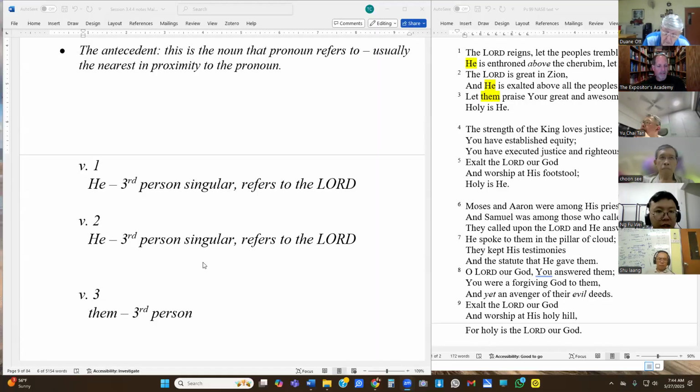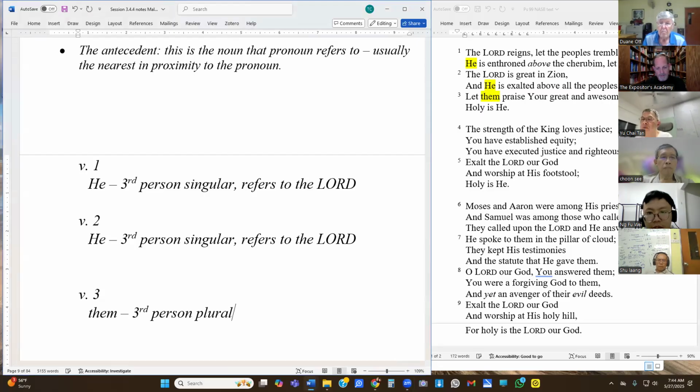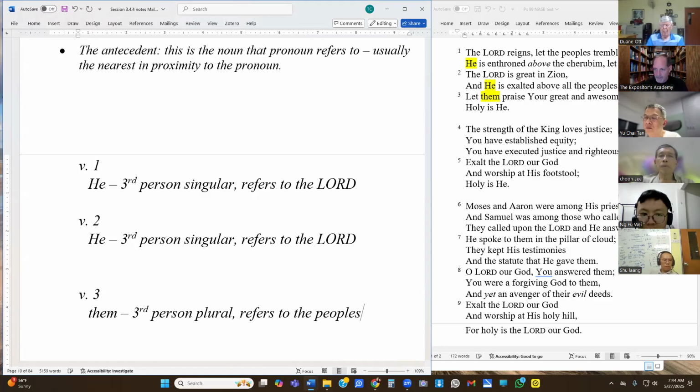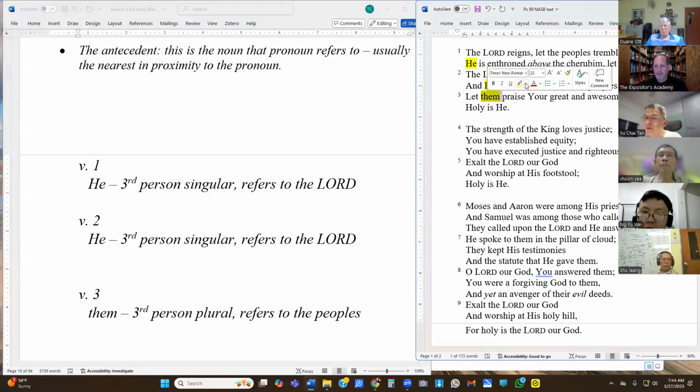So just as a point to remember. Okay, so them would be third person plural, and then who does that refer to? It refers to the people who are trembling in verse 1. Yes, very good. Because here, let's do it this way. I'll use another color.